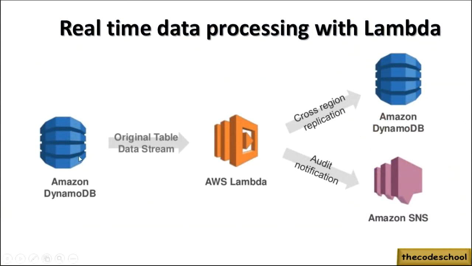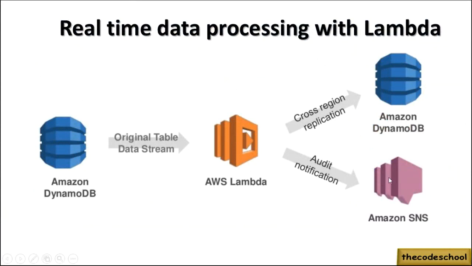So you are replicating your data into different regions so that you have a disaster recovery server created for the database. This can act as a passive server for me. A second use case: wherever there's incoming data in DynamoDB, you correspondingly update the underlying system or notify folks about the data, which can be an audit notification.